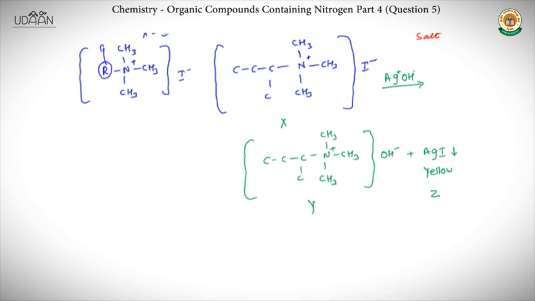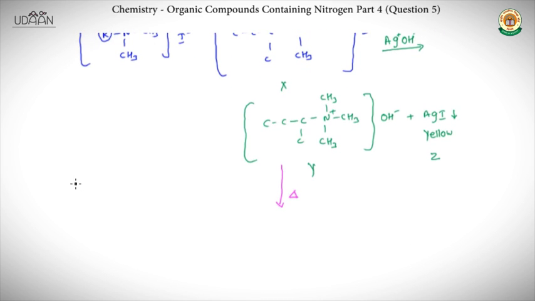Now let's try attempting the third part, where you have treated this at high temperature. Higher temperature will show you, just like the previous question, elimination, because at high temperature elimination is favored because it involves cleavage of bonds. Now if you carefully observe, you have got this group which is the leaving group, and one thing which you need to remember is it is a poor leaving group.